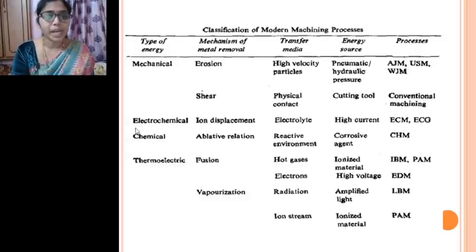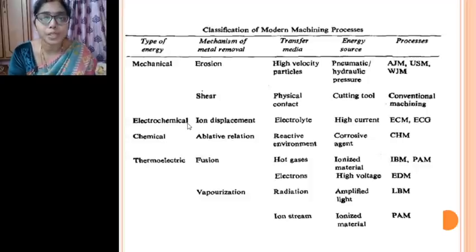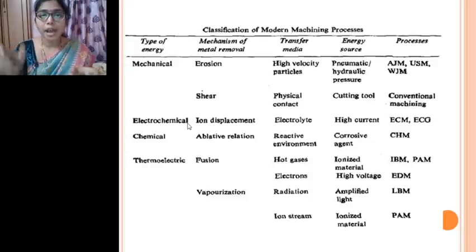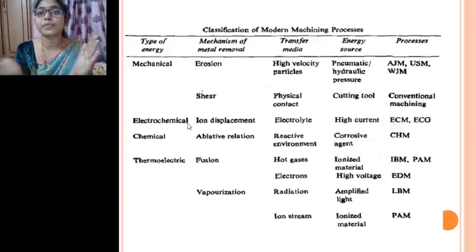And then we have the electrochemical machining process. The best example is the electrolysis process, which you all have studied in physics. In an electrolysis process, we have an anode and a cathode placed in an electrolyte. When you pass electricity, ion transfer will occur from the anode to the cathode surface.